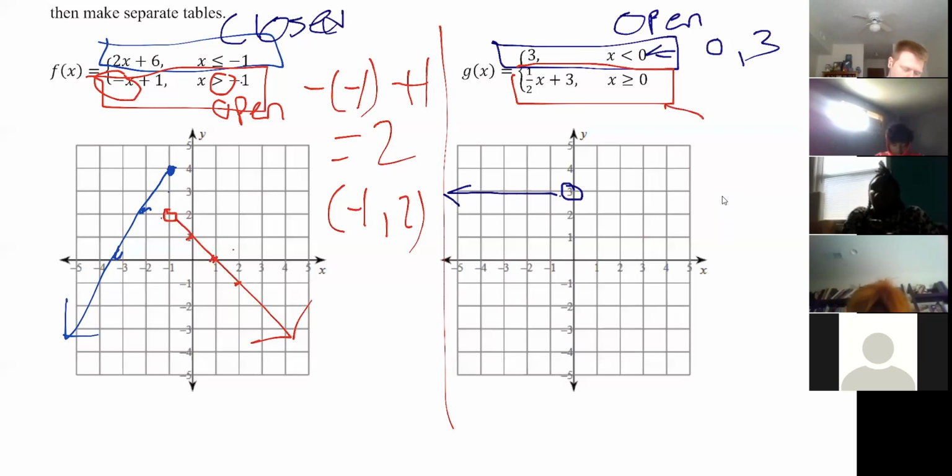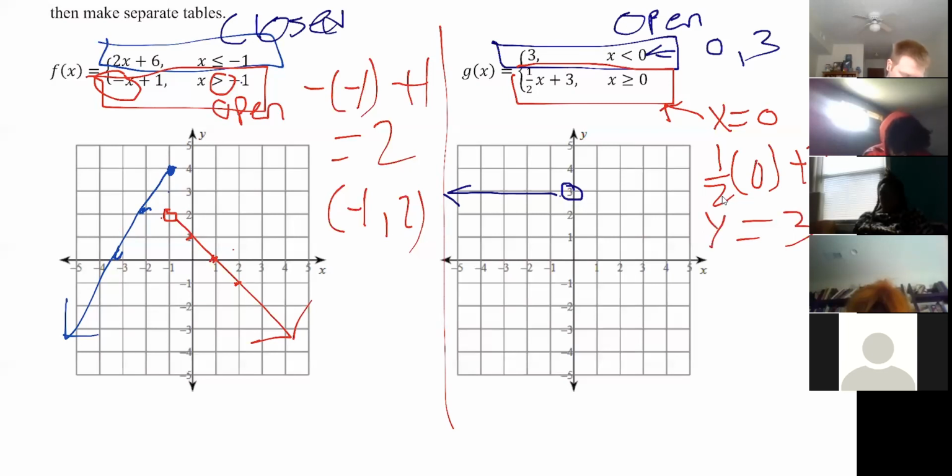This red function is 1/2 x plus 3, and it's from 0 all the way to the right, everything bigger than 0, including 0. So the first thing we do is plug in 0. We would have 1/2 times 0 plus 3, which equals 3.